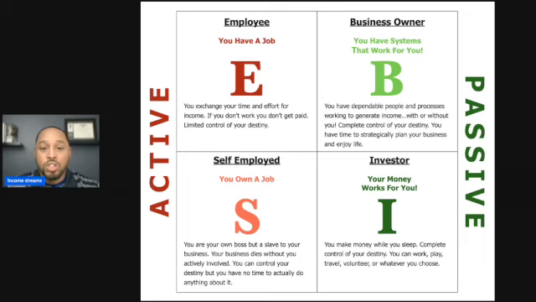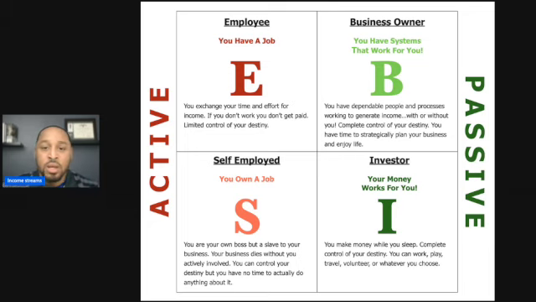All right, going over to the passive side, B, big business owner, right? So understand there's a difference between the small business owner, the self-employed business owner, and the big business owner, right? Usually, if you're a B, you're talking about big corporations, big business, right? And you have up to 50 to 100 employees working for you. That is a much bigger business rather than the small business where you might just have yourself or one other person.